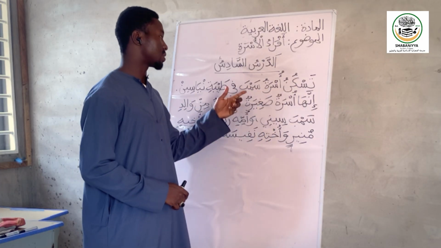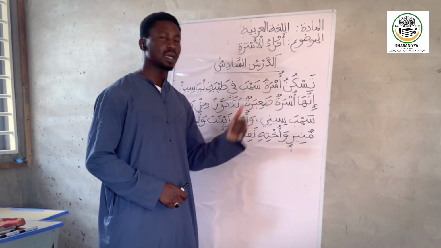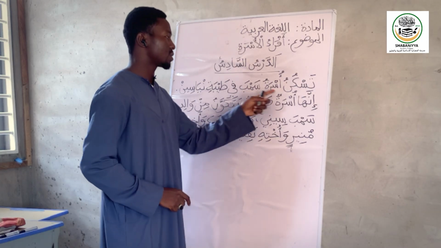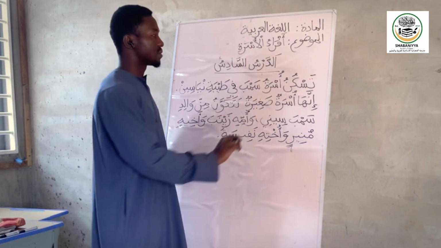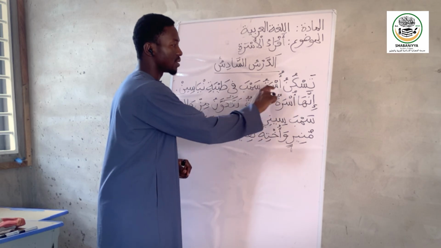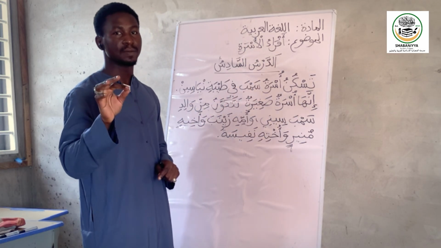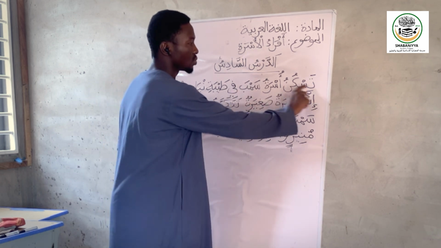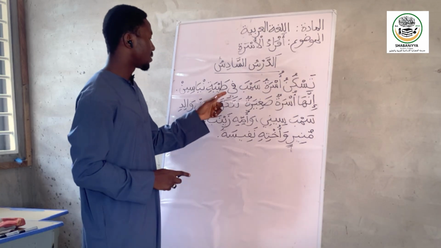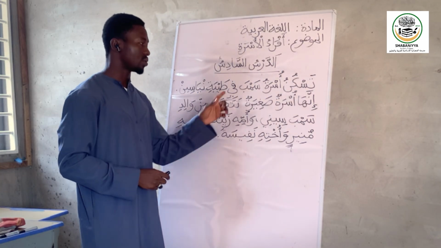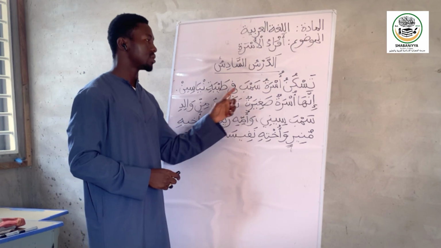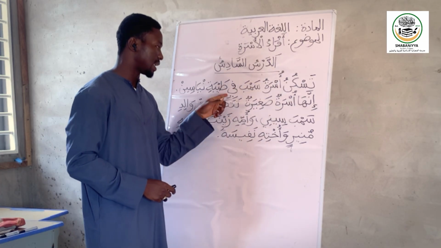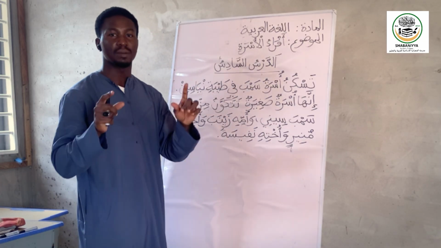So Taskunu Usratu Samba. In this case, we are using Usra as our subject. Usratu means family, so Usratu Samba is Samba's family. Taskunu means lives, and fi here is the word for in. So Samba's family lives in Taibati Yasin.